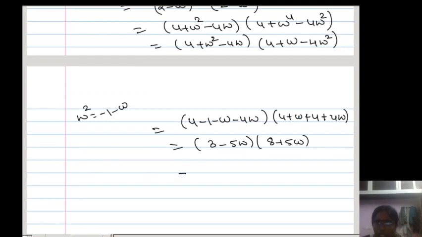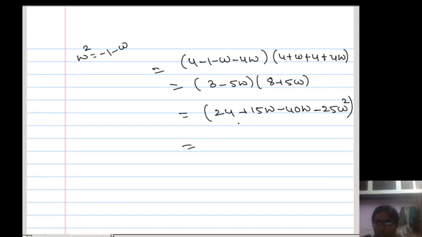So what am I doing here? Multiplication. 3 into 8, 24. 3 fives are 15 omega, minus 5 eights are 40 omega. Next minus into plus into minus, minus 25 omega power 2.